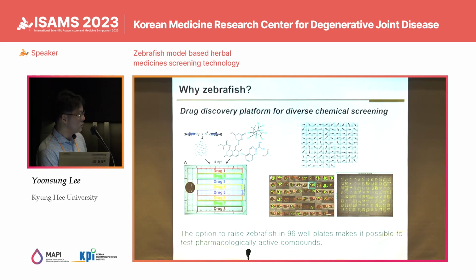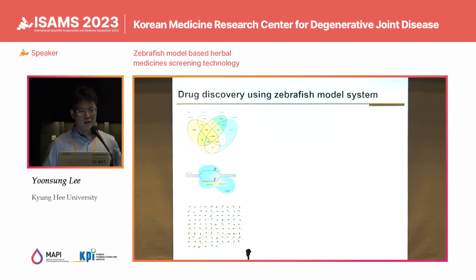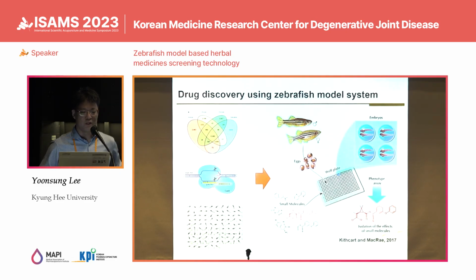That's why you can do different types of screening on a really large scale. So combining all those distinct advantages of the zebrafish model system, we can use this system for drug discovery screening work.